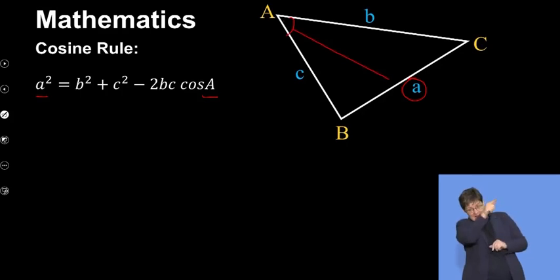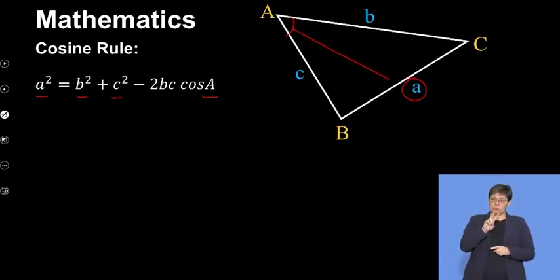So, A squared equals, and here we add the other two sides, B squared plus C squared minus 2BC cos A.